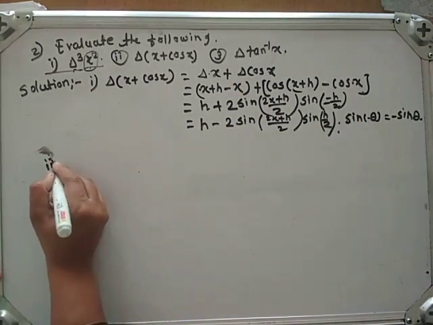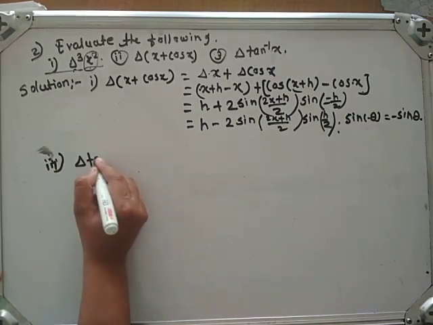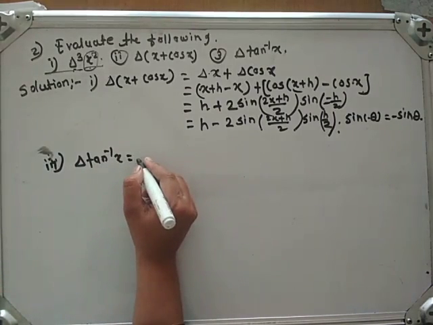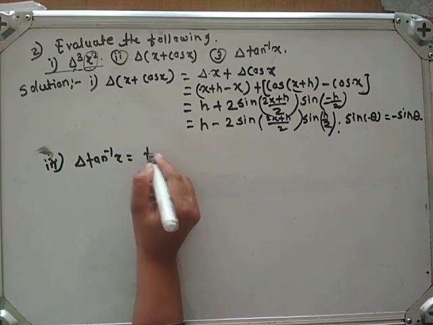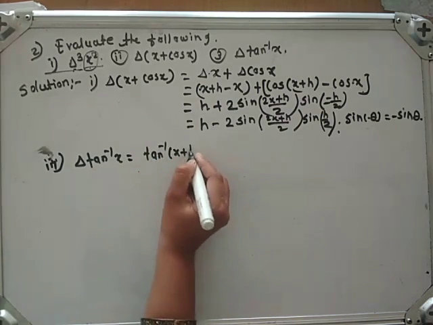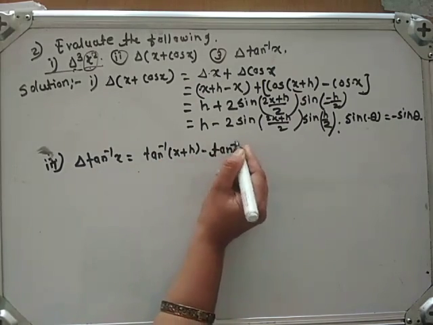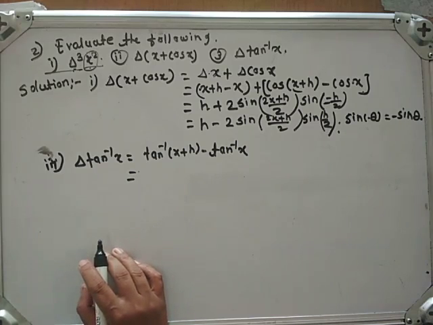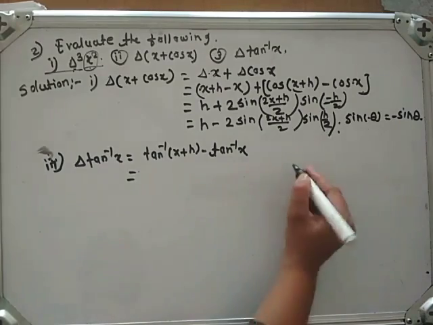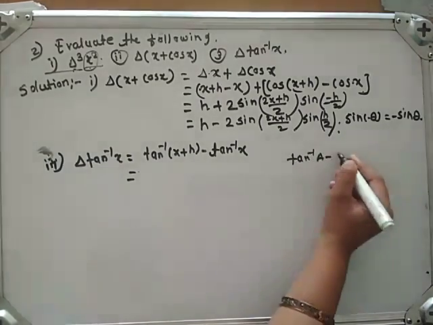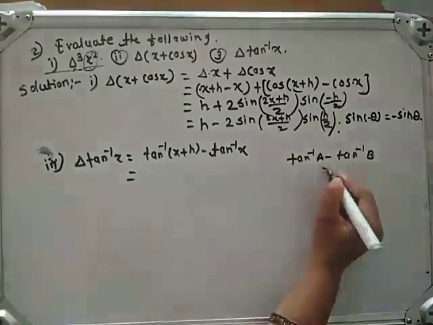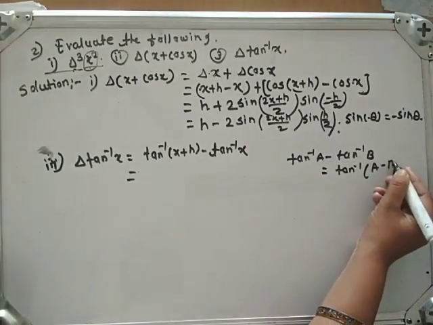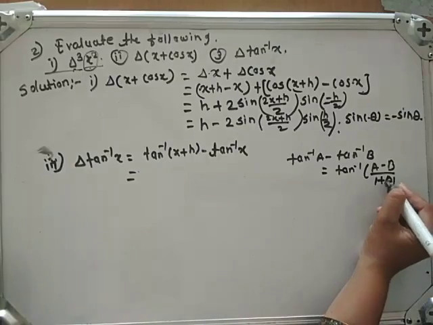In the third, we have to find delta of tan inverse of x, which is equal to tan inverse of (x plus h) minus tan inverse of x. Here again we can use the formula: tan inverse of a minus tan inverse of b is nothing but tan inverse of (a minus b) upon (1 plus a into b).